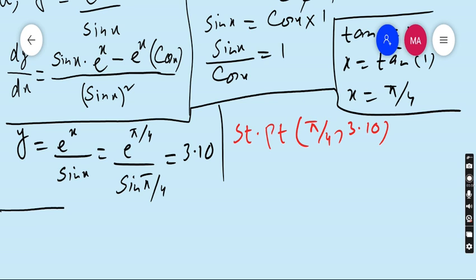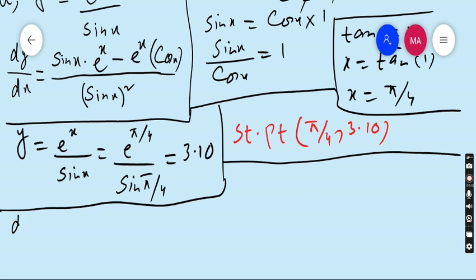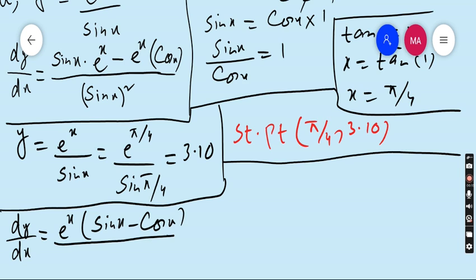We already have the first derivative, that is dy by dx equals e^x times sin x minus cos x upon sin square x.